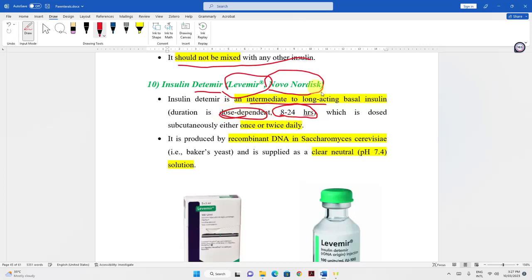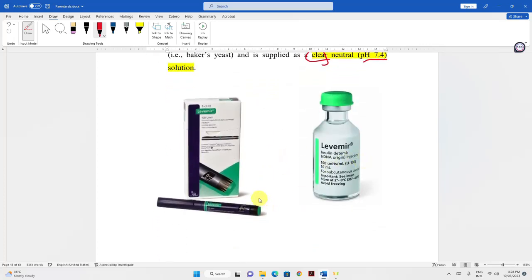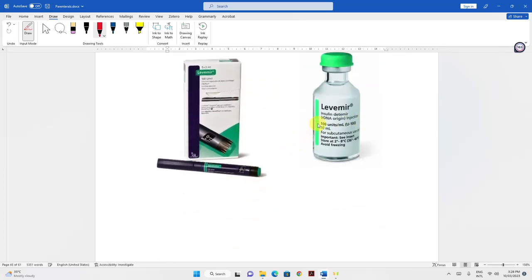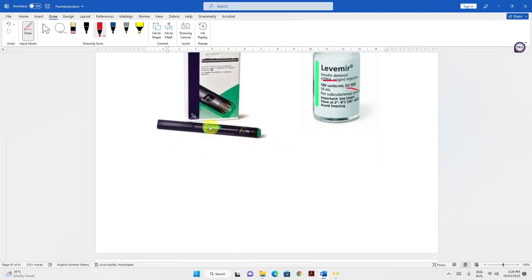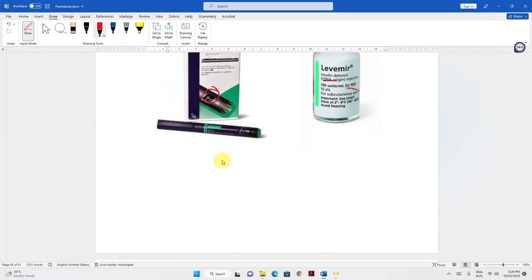The higher the dose, the longer the duration of action. It can be given once or twice daily, depending on the dose. The pH is 7.4 and the solution is clear. This is the Levemir or Detemir. You will see here recombinant DNA origin, and it gives you the concentration. And this is the pen, and in the pen you will see how the dose adjustment happens.